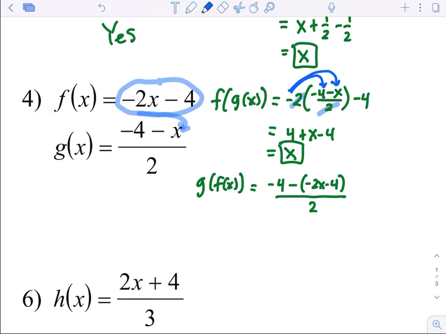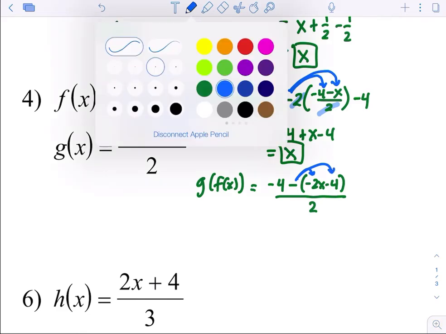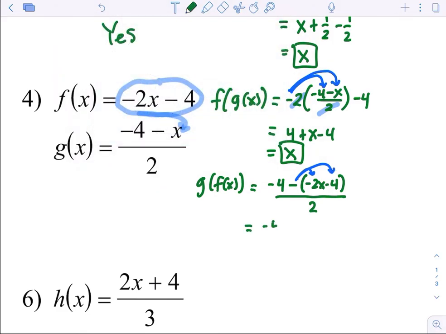Now we're going to distribute this negative sign to both of these. So we're going to get negative 4. Negative 1 times negative 2 is positive 2x. Negative 1 times negative 4 is positive 4 all over 2. The 4's are going to cancel, so you just have 2x over 2, which is just x. Are these inverses? Yes.